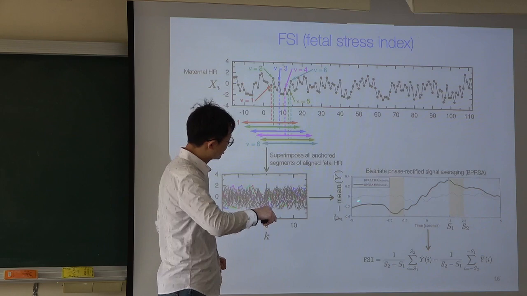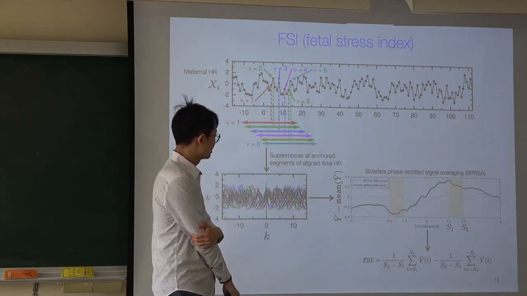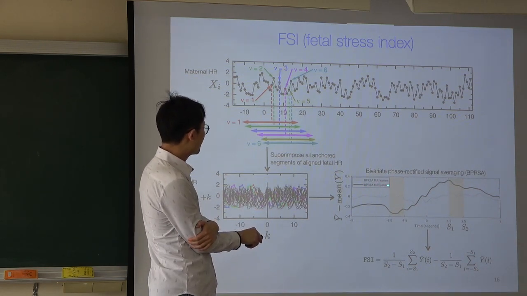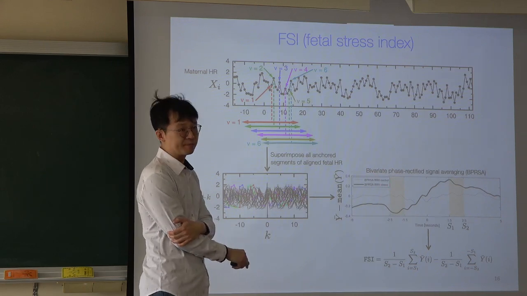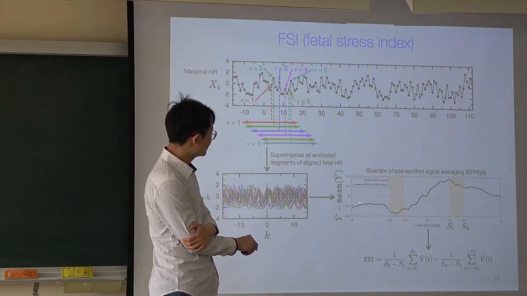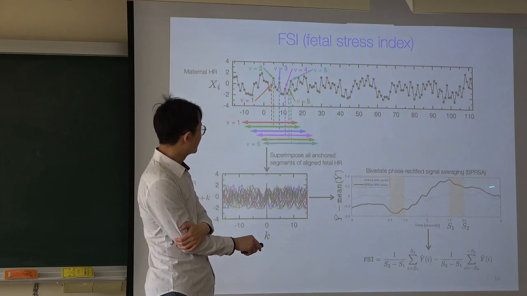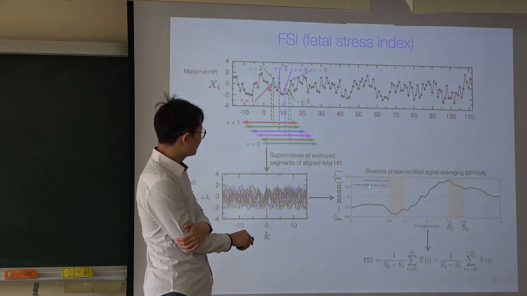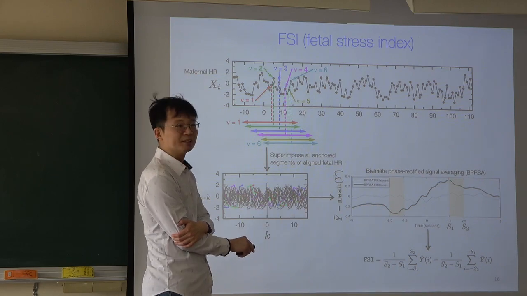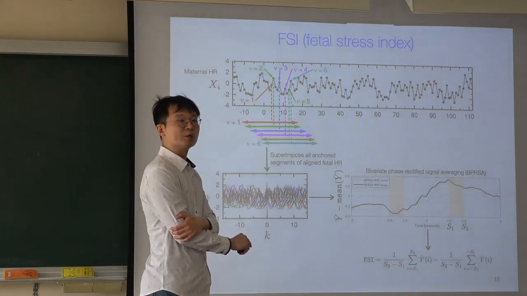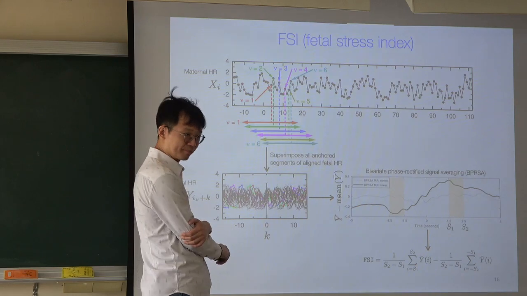And then you can see two things. First, if the female is not under stress, it looks just like random. But if the mother is under stress, then you see a very nice sine wave-like behavior.